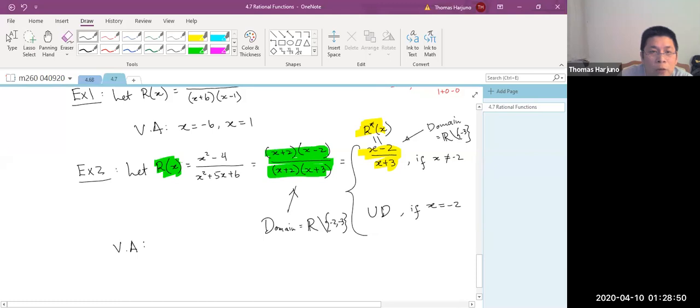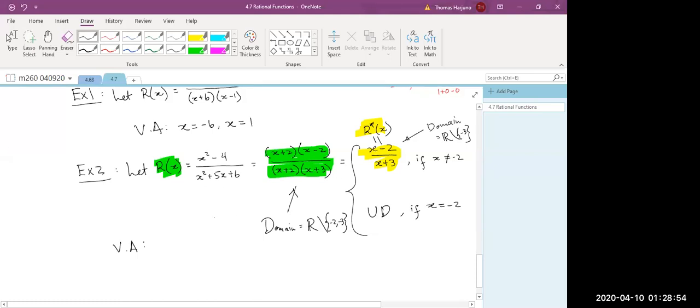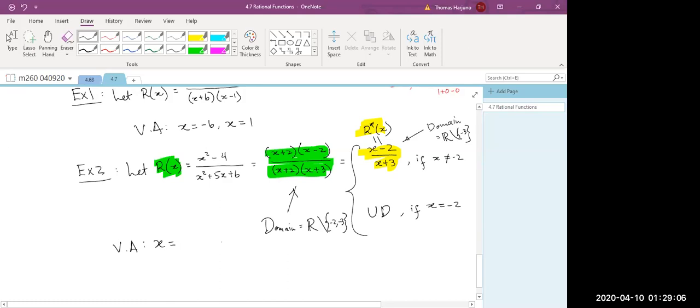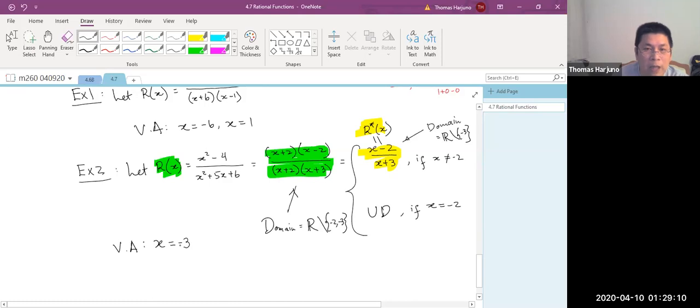The vertical asymptote of this rational function is given by x equals the zero of the denominator of R star, the simplified one. -3. X equals -3 is the vertical asymptote. Okay.